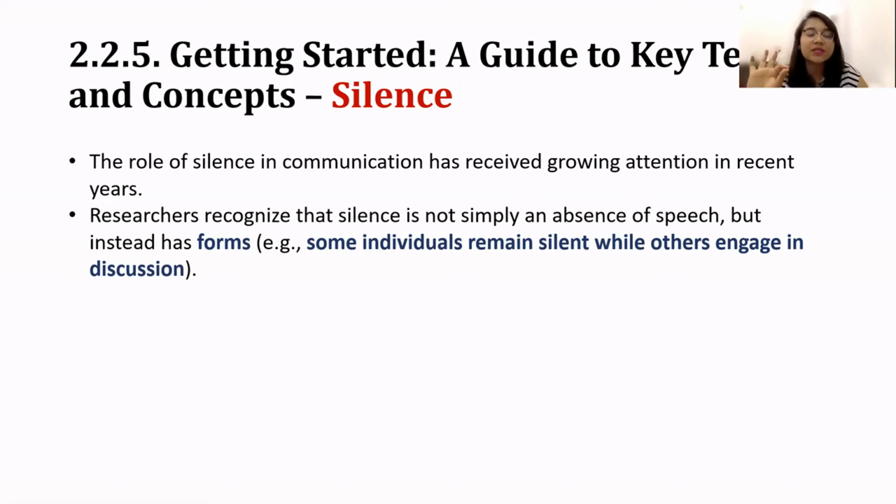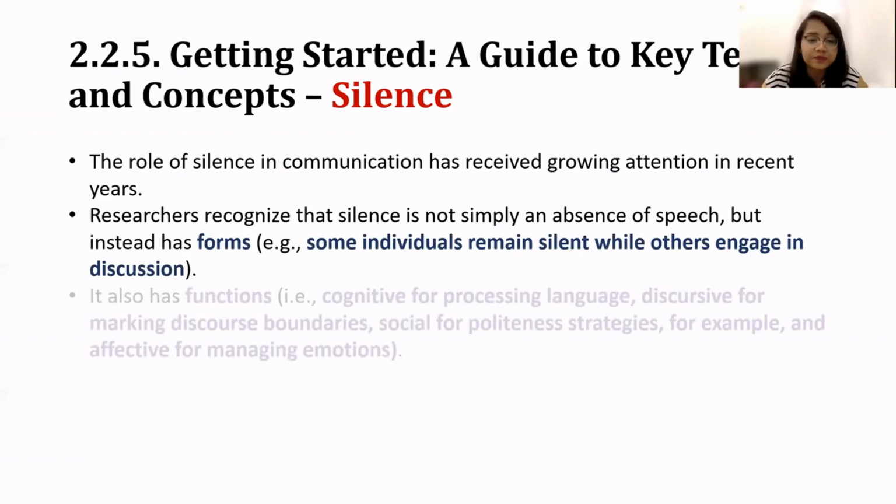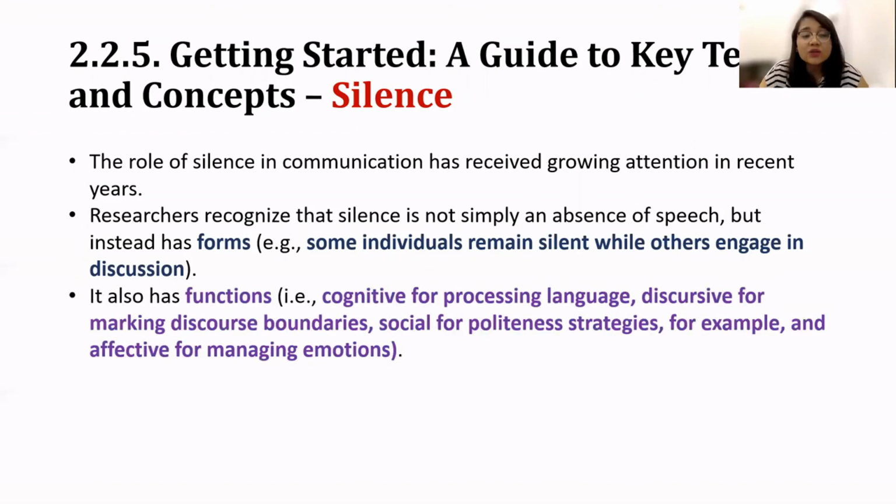An example showing that silence has forms is that some individuals remain silent while others engage in discussion. Because it's impossible for us to always speak in a communication, right? We need to stay silent for a while to let our speaking partners speak in turn. But silence also has functions.